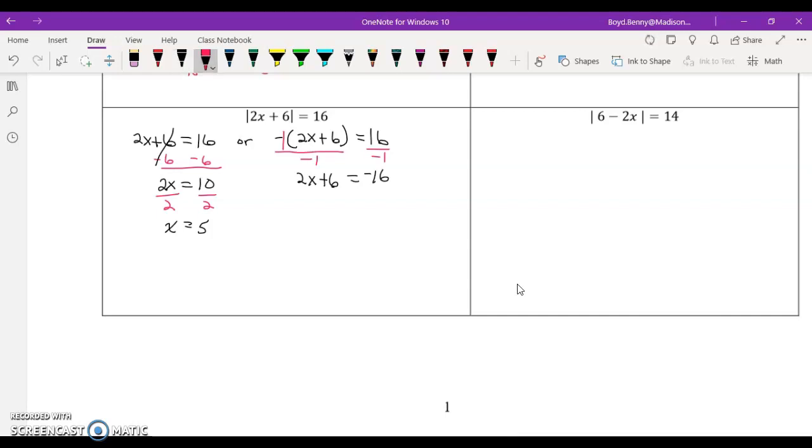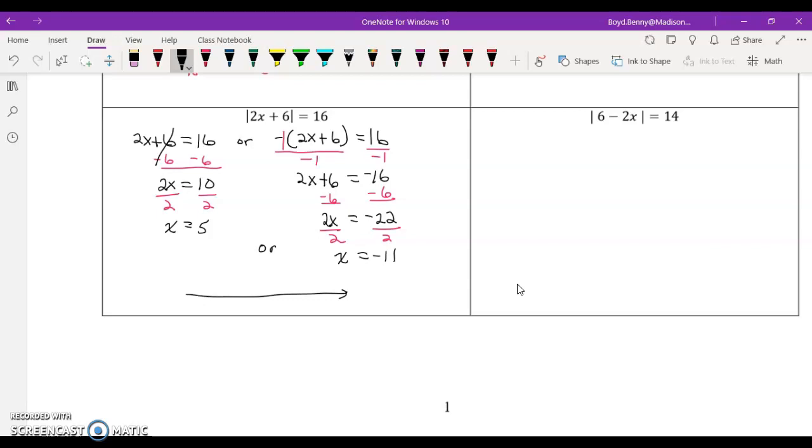And then, of course, I will subtract 6, just like in the previous example. That'll leave me with 2x equals -22. Now be careful of your negatives here. A negative minus 6, you need to add those together because they're the same sign. Next, I'll divide by 2. And that'll leave me with x equals -11. Don't forget to put the word or in there.